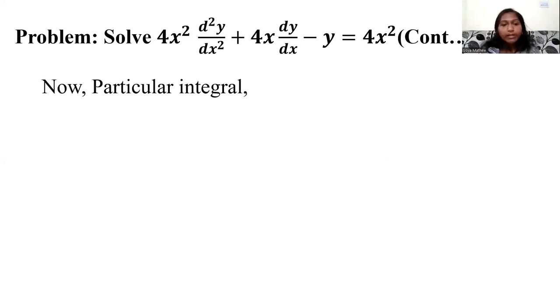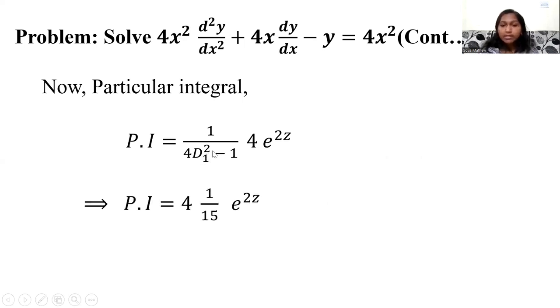Then we can find the particular integral. You can see that it is a particular integral of the form e raised to 2z. How do we solve the particular integral for the case e raised to 2z? We just need to replace D1 by the coefficient of z here, which is 2, in the place of D1, so D1 squared becomes 4.